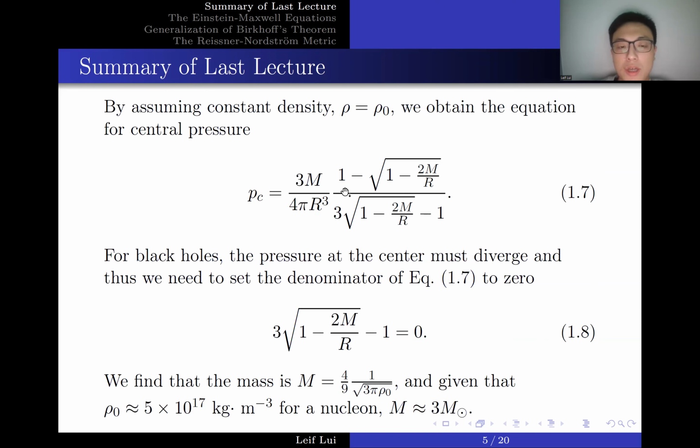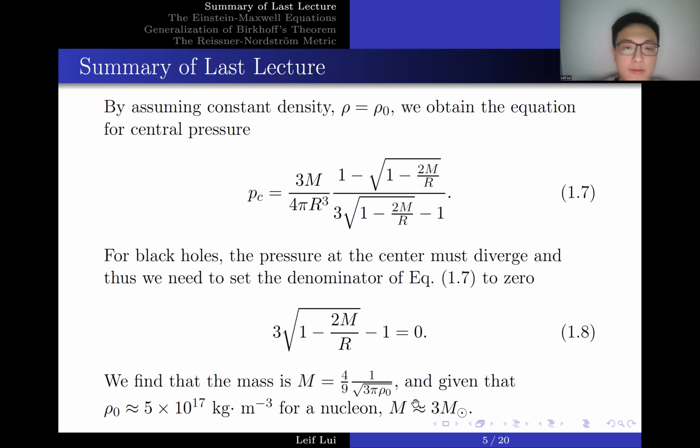And for black holes, the pressure at the center must diverge because there is a singularity, and thus the denominator is set to 0. By doing so, we solve for the mass, and we find that it has this expression. And given that the density of a nucleon is about 5 times 10 to the 17 kilograms per meter cubed, the TOV limit is about 3 solar masses.